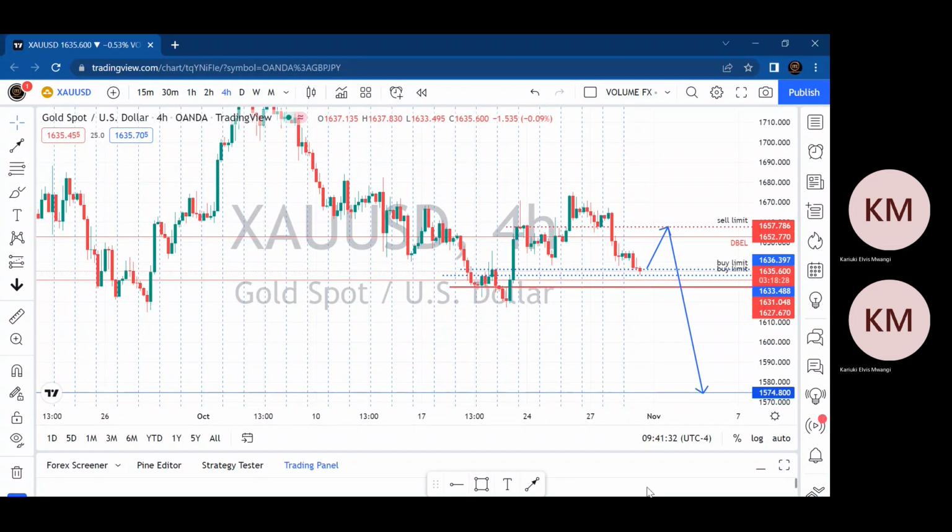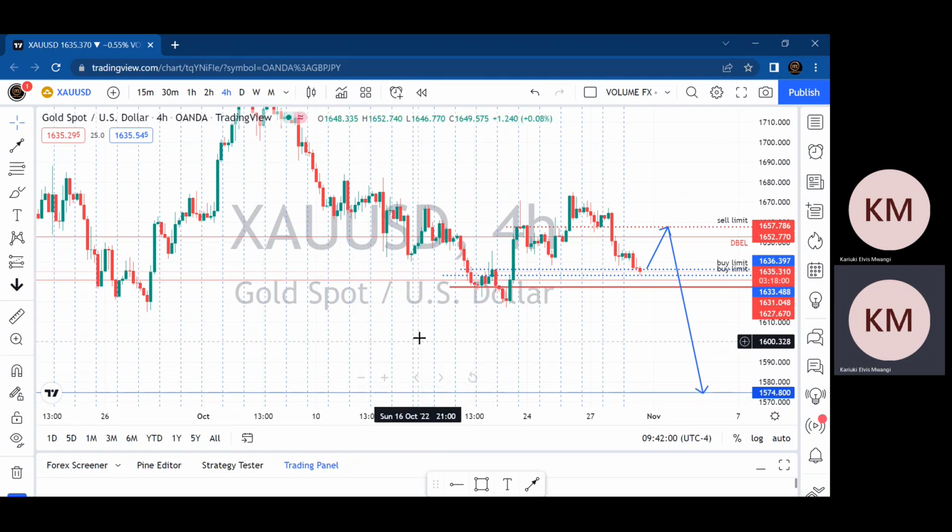I'm doing an overview of what I'm expecting gold to do, but there are reasons why I'm saying that gold will go down to 1574. That is in the advanced stage, but now you're looking at the orders. What do they mean? That is simply what is called a sell limit.